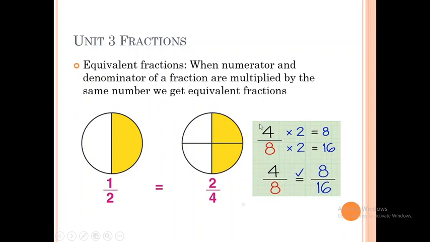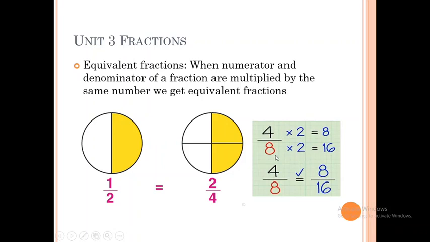For example, we have 4 by 8, a fraction. Multiply both the numerator as well as the denominator by 2, you will get 8 by 16. It means 4 by 8 is equal to 8 by 16. Or if you multiply with 3, you will get 4 3s are 12 and 8 3s are 24. That is also equal.